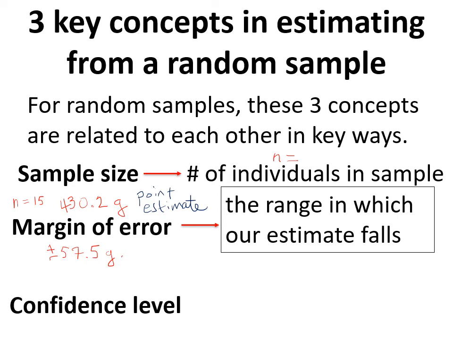And then what this means is that the frogs are going to be from, this is where I need my calculator again, 430.2 minus 57.5 to 430.2 plus 57.5.